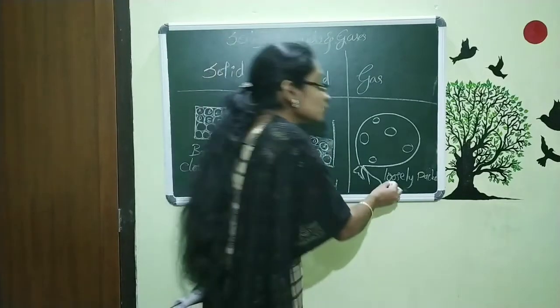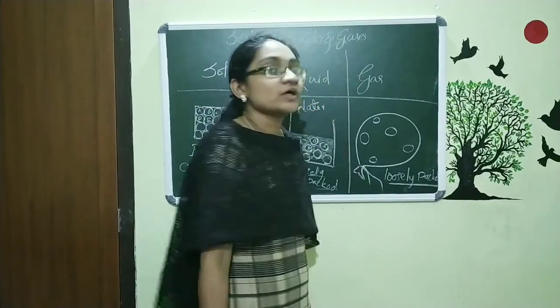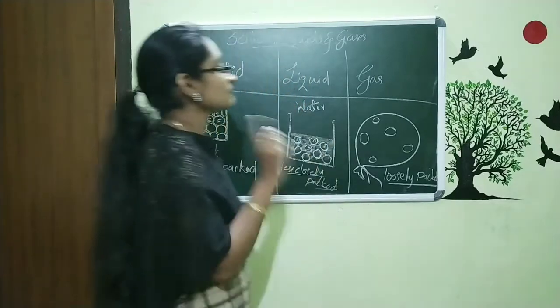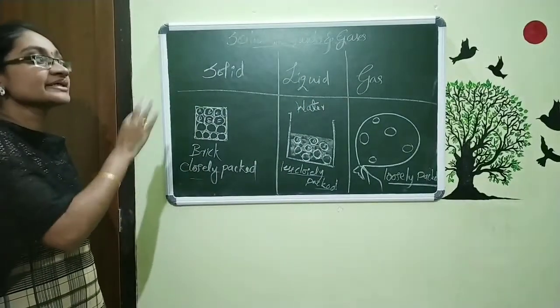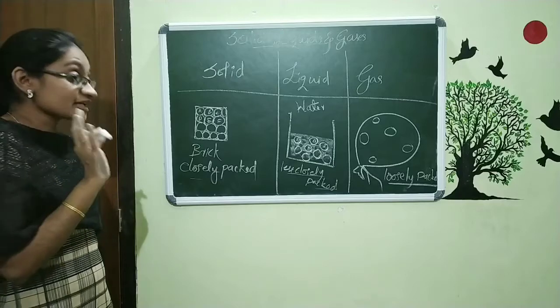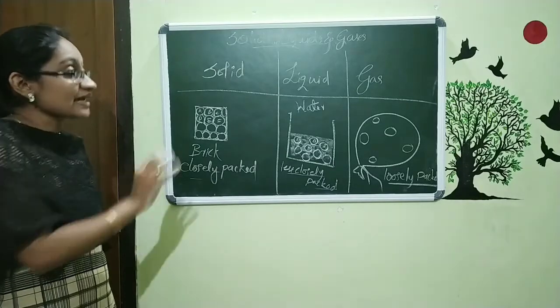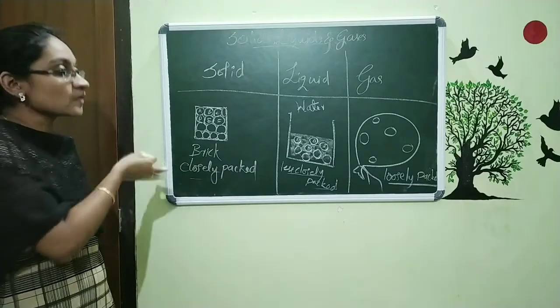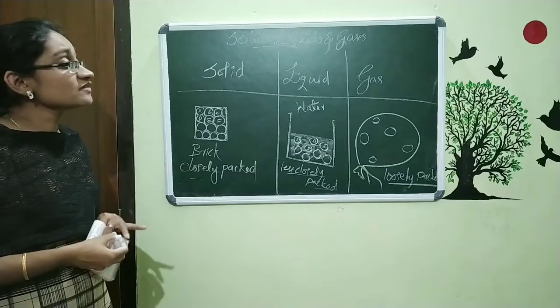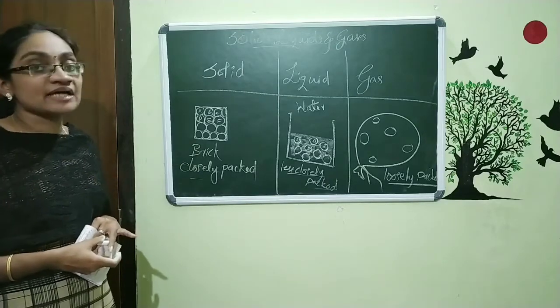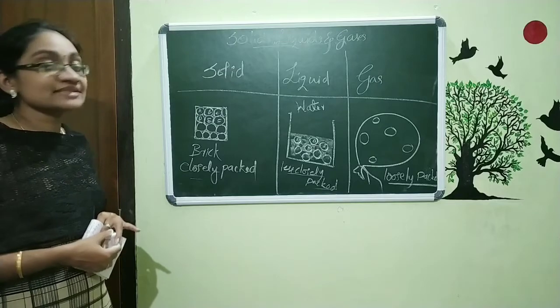We can say it as loosely packed. This is the first difference between the solid, liquid and gas. Basically, we are considering this molecular arrangement and we classified it into solid, liquid and gas. And within this area we have other points also and we will discuss them in the next class.